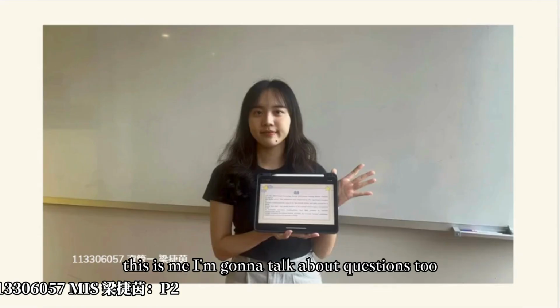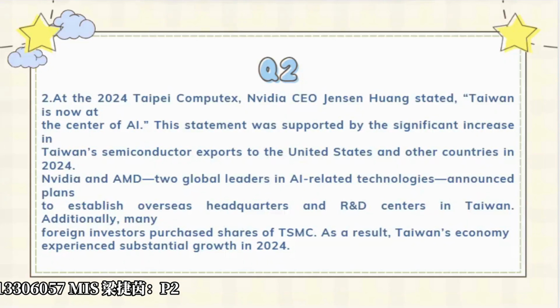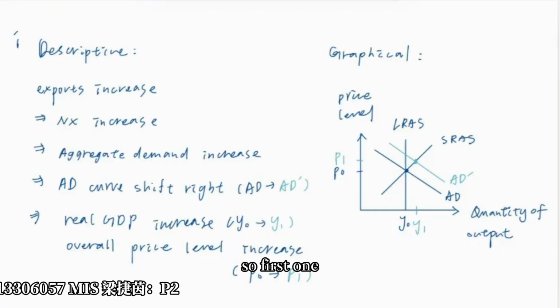This is me. I'm going to talk about question 2. First one, in a descriptive way, exports increase, so net exports will increase. Then aggregate demand will increase, so the aggregate demand curve shifts right. You can see from AD to AD prime.